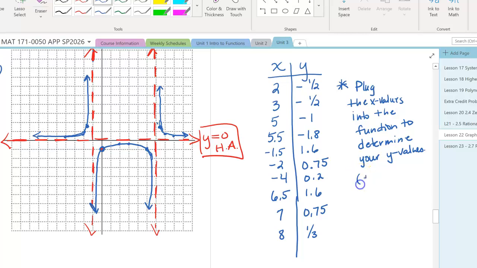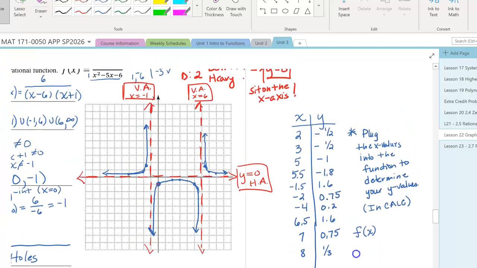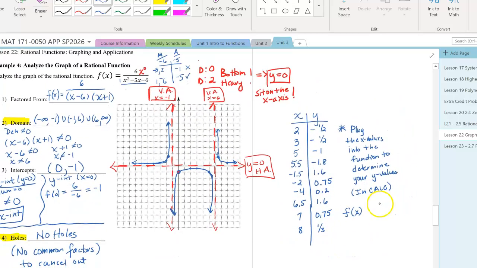You can do this in your calculator. You just have to be careful that you put the numerator and the denominator in parentheses so that the calculator knows where the numerator starts and stops and where the denominator starts and stops. So just to give you a quick example, when I was plugging in, let's say 6.5, I had 6 over, and technically you wouldn't have to put this numerator in parentheses because it's a single number, but it's a good idea to get in the habit of that.